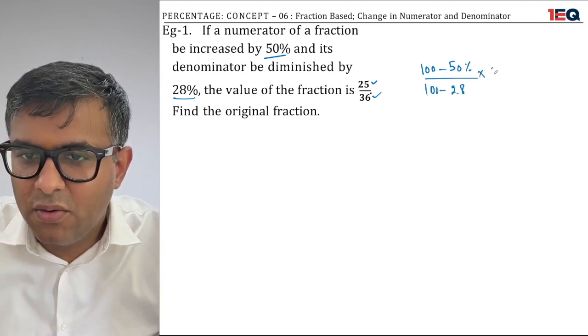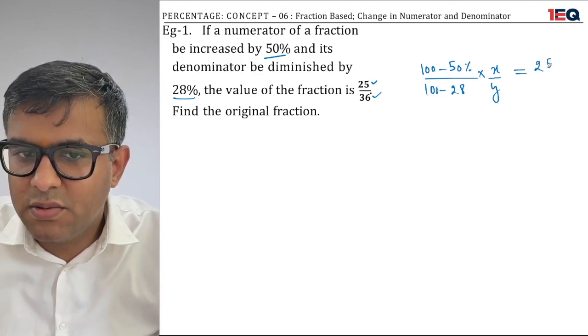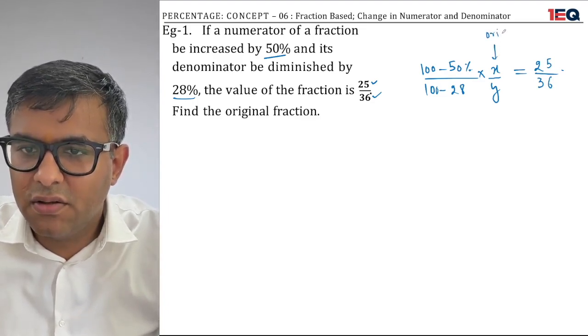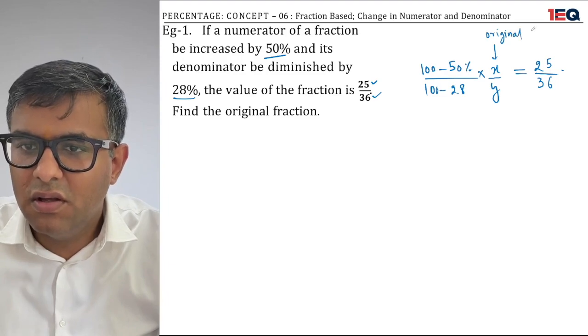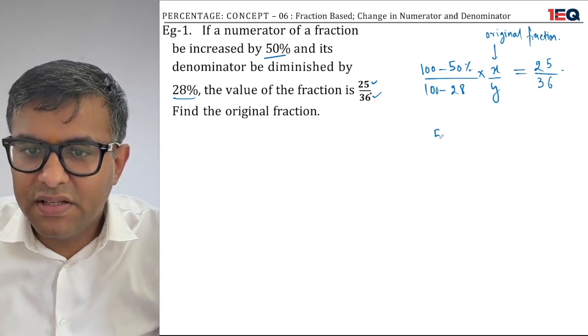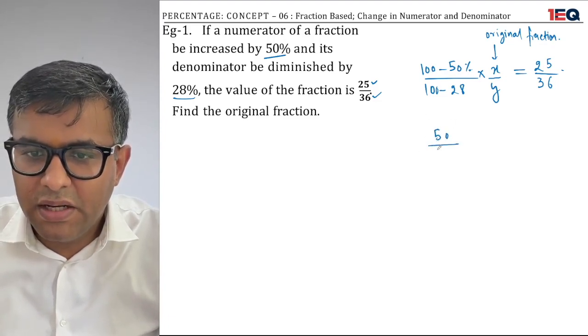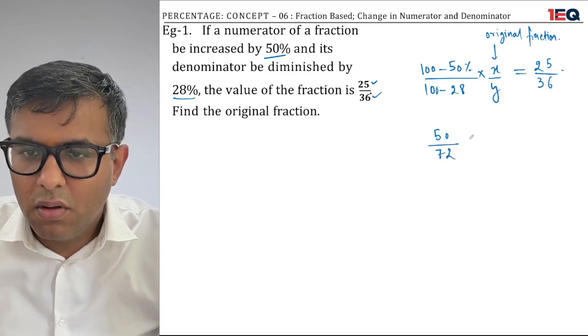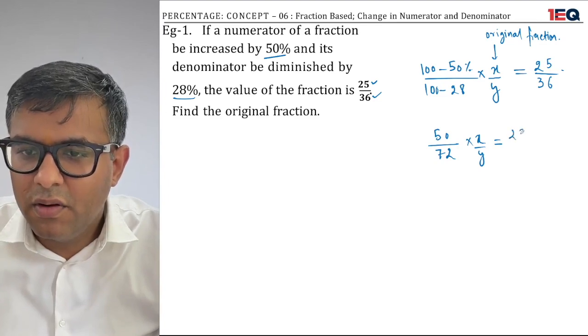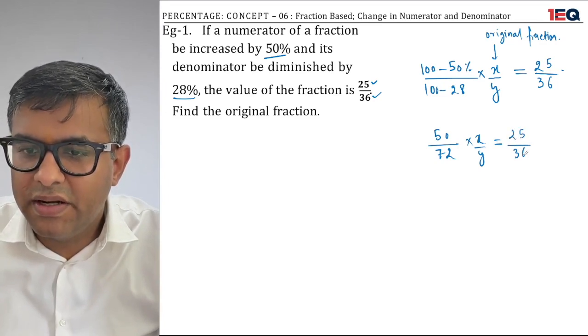It is multiplied into x upon y, which is the old fraction, also the original fraction, and the new fraction is 25 upon 36. So let me solve it quickly. 100 minus 50 is 50. 100 minus 28 is 72. Multiplied by x upon y, then 25 by 36.